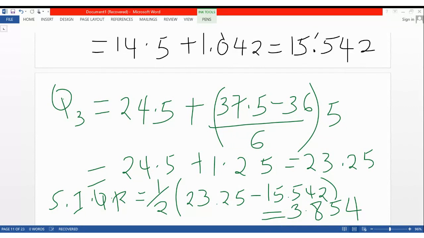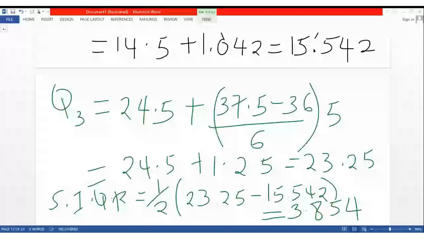Confirm to me where we are wrong. In Q3, I want you to tell me where I'm wrong. Oh, sorry, yes, I've seen. I subtracted instead of adding 24.5 plus 1.25. Thank you for the correction. 25.75.